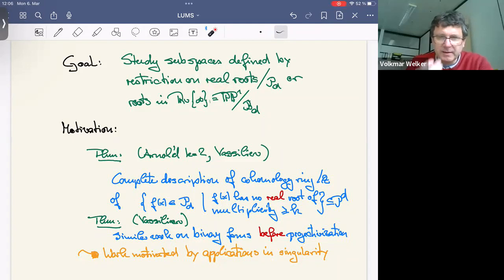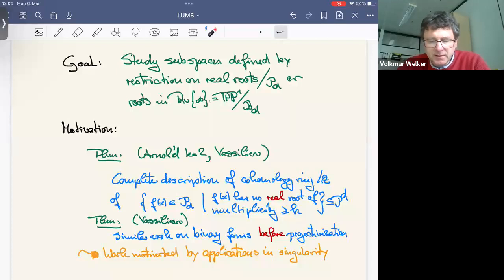I don't bother about which complex roots exist. They can be there or not, but I want to have restrictions on the real roots in the case of the polynomial space. And in the case of the binary forms, we have similar root restrictions on the real roots, but we also restrict somehow the multiplicity of the infinity root.